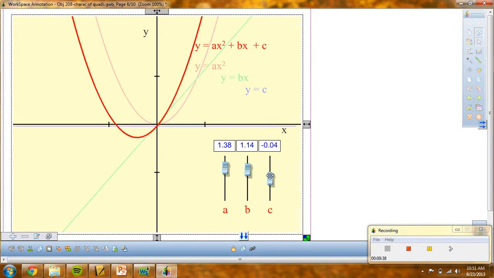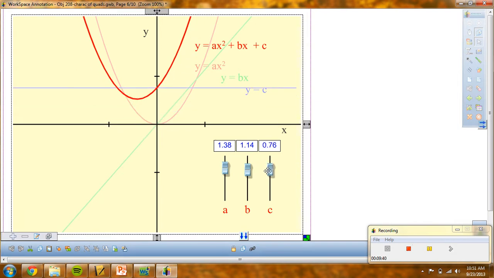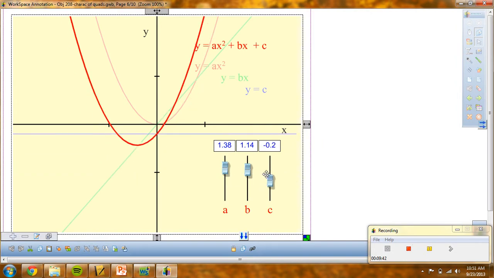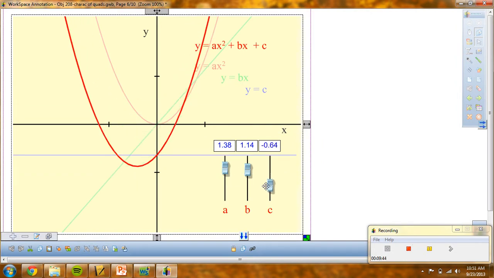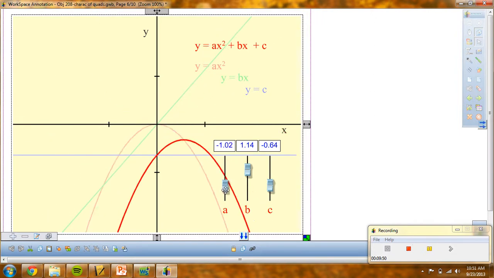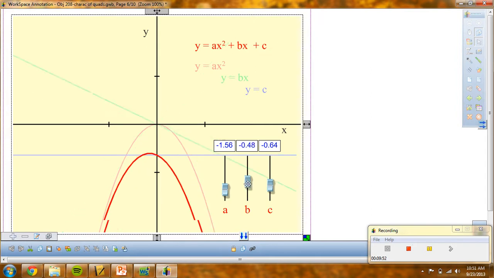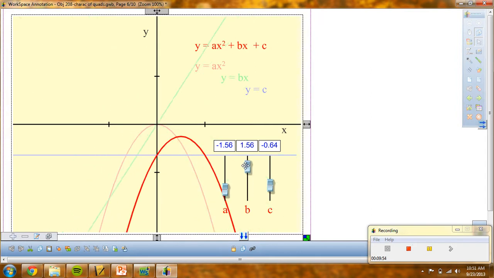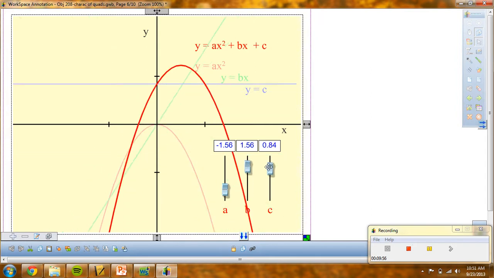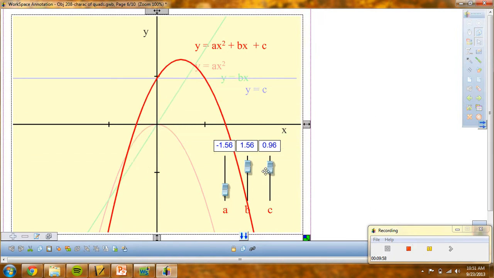And then our c is going to make it pop up or pop down according to our y-intercept. So we do see the changes in our graph depending on how we move our graph around and how we change the coefficients. So it's an interesting little simulator that helps us see all of the different characteristics of the coefficients.